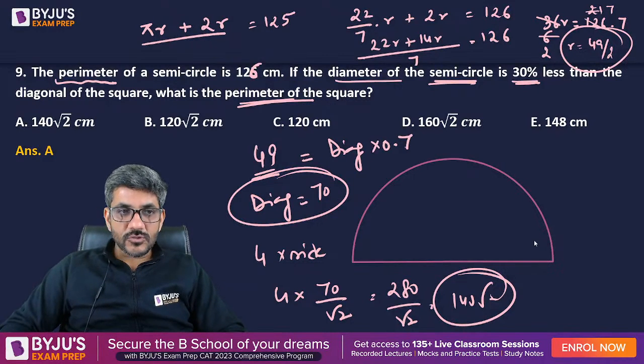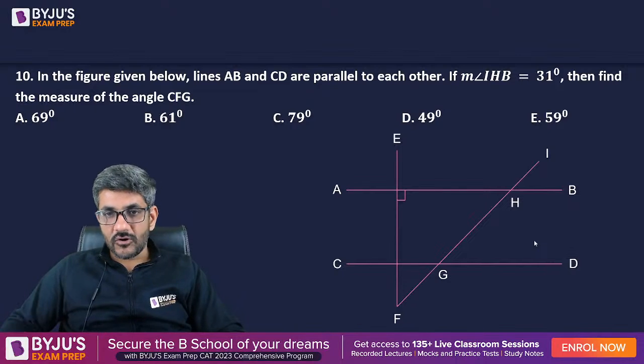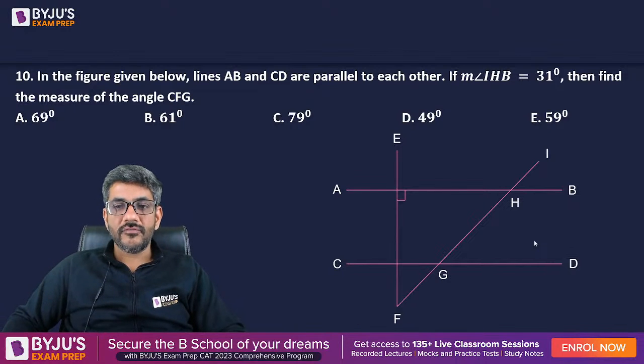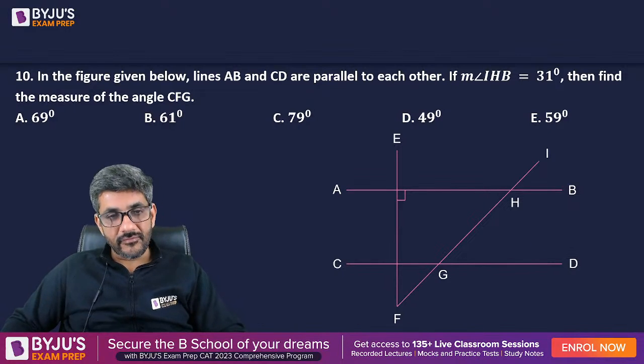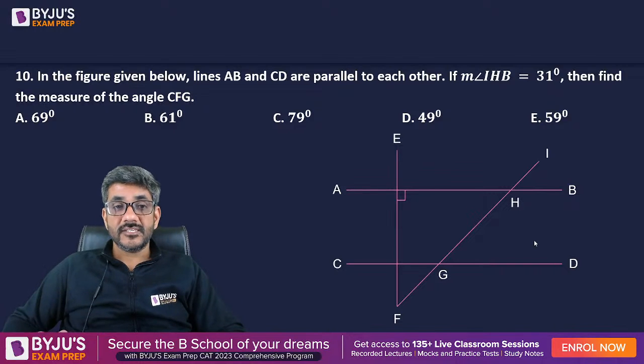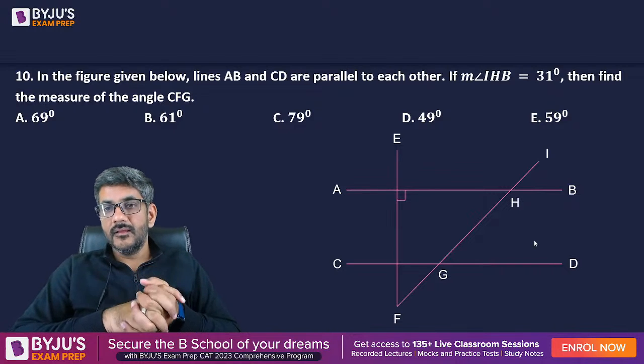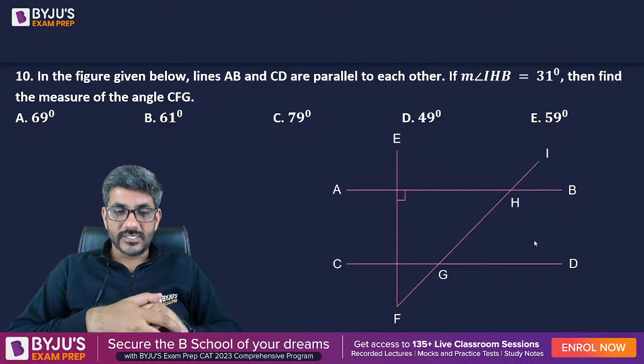This brings us to the last question of the day, question number 10. It is here on your screen once again. Let me see how many of you are able to do it real fast. Probably one of the easiest questions that we have today. Very easy question.